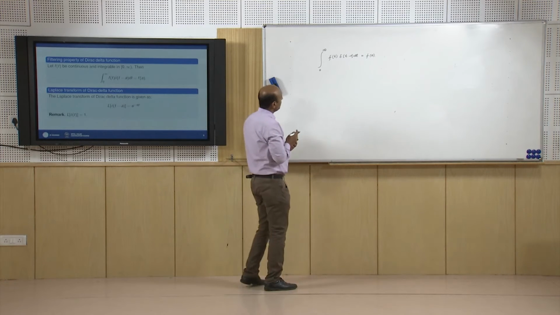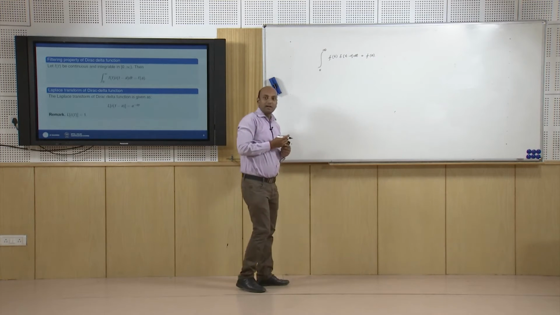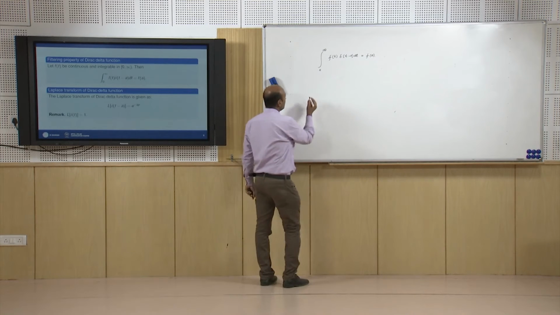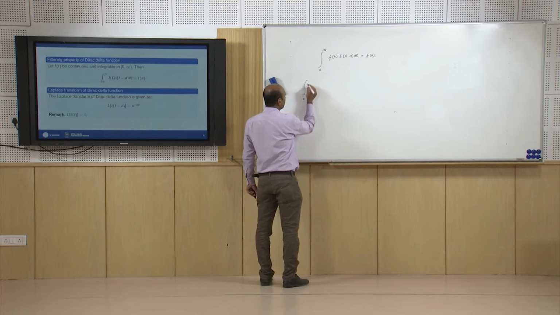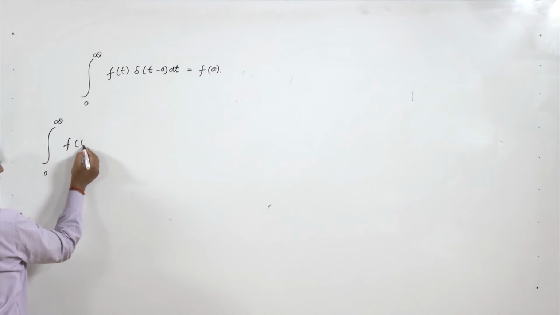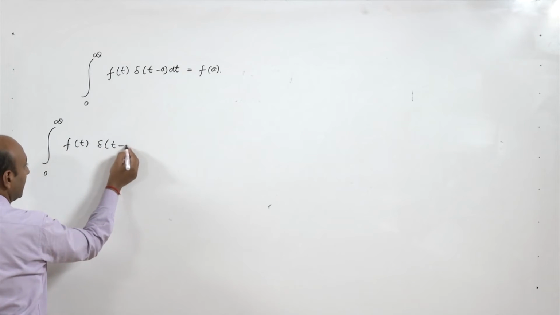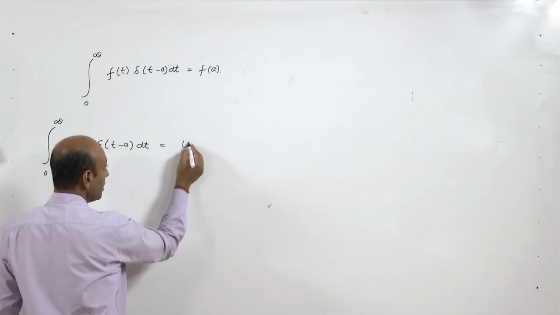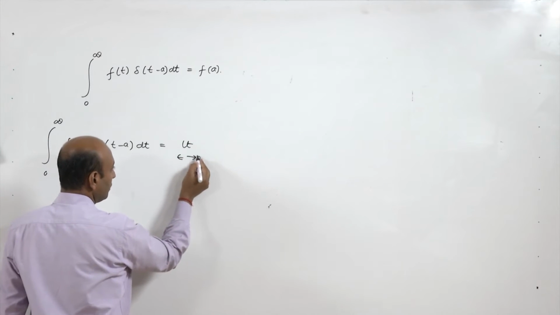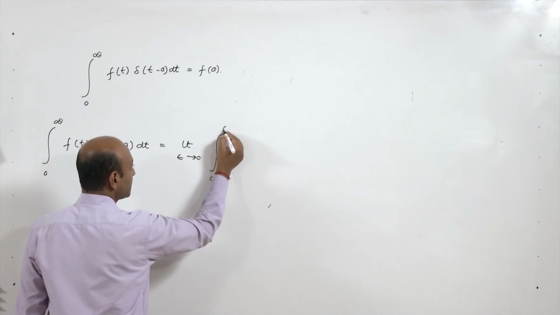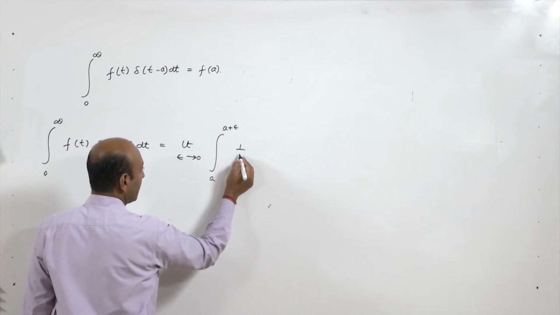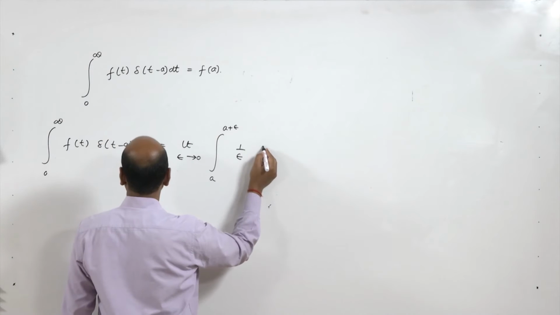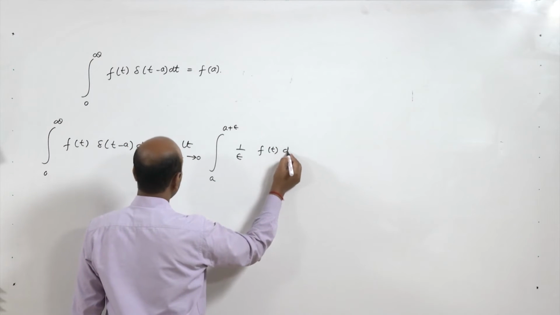So, how will we prove it? Now, we will apply the definition of the Dirac delta function. The left hand side is the integral from 0 to infinity of f(t) times Dirac delta of t at a dt, which equals the limit as epsilon tends to 0 of the integral from a to a plus epsilon of 1 by epsilon f(t) dt.